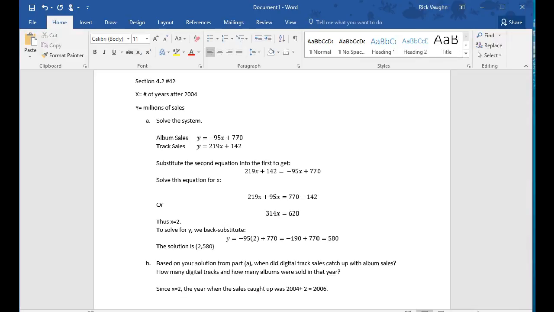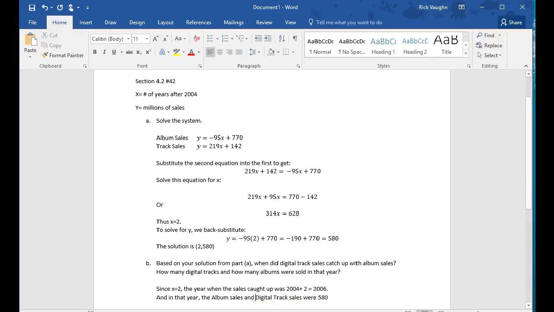Okay, and in that year, the album sales were, okay, now we're going to substitute the 2 in for the x. We already did that. So the album sales and digital tracks sold that year was, that's what the 580 is, and remember that was millions of sales.